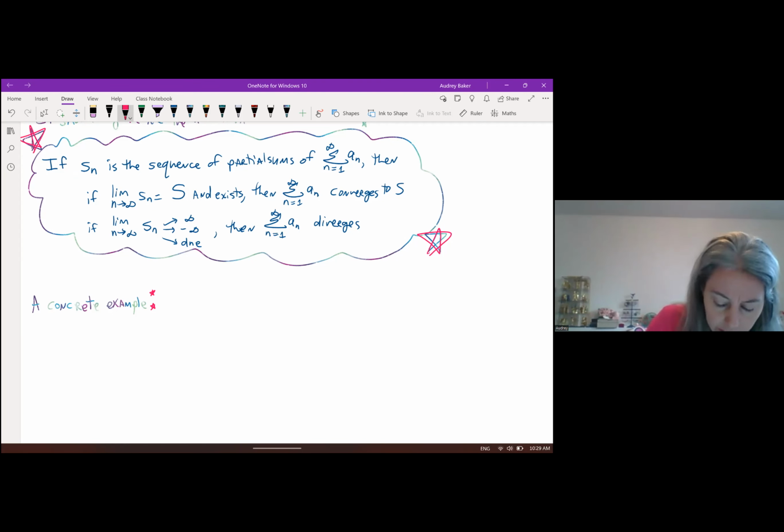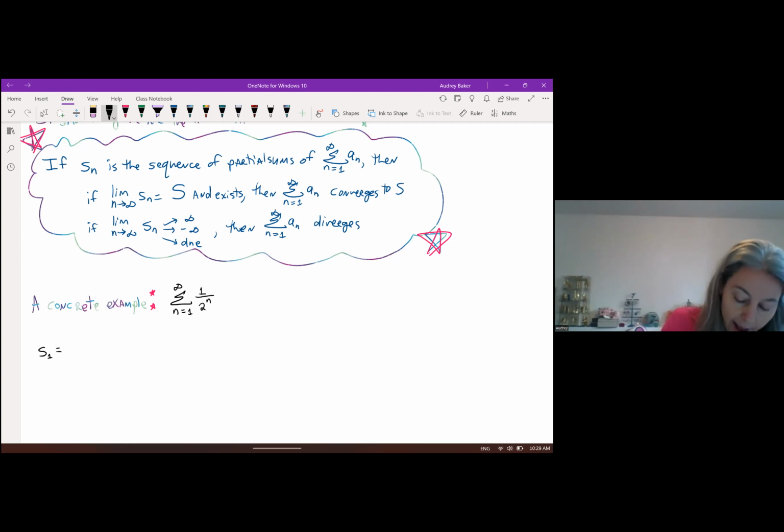So let's consider this series, the sum from n equals 1 to infinity of 1 over 2 to the power of n. Okay, so my first partial sum here, my S sub 1, will be the sum from n equals 1 to 1 of 1 over 2 to the n.